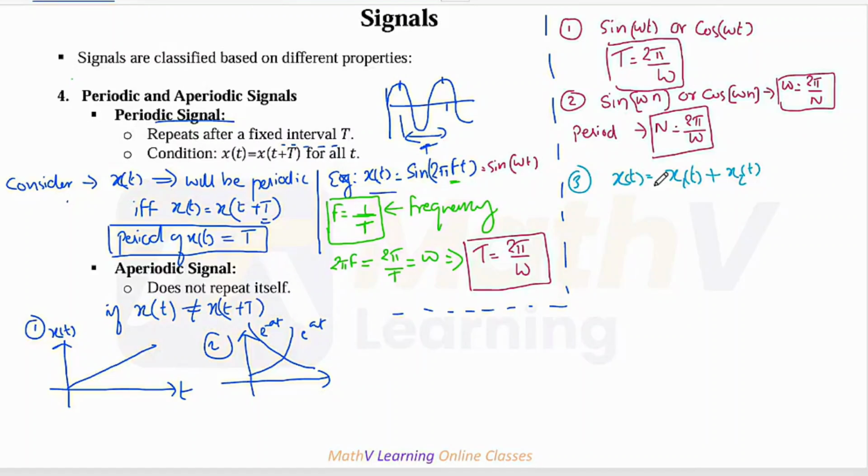If I have two signals x1 of t and x2 of t, first of all both signals should be periodic.